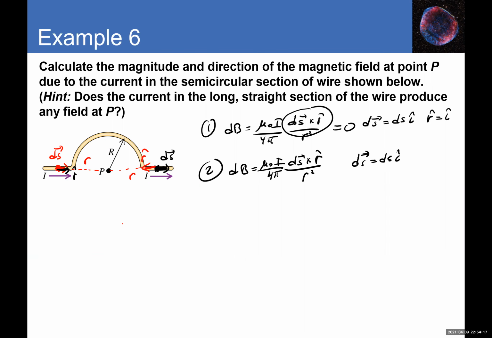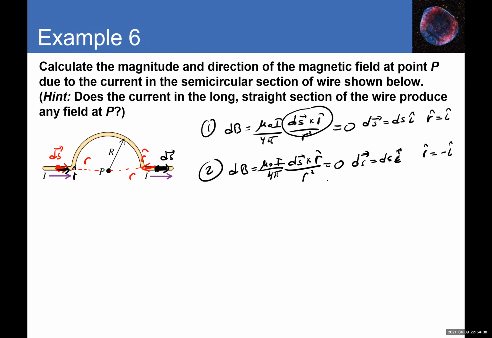And the distance will be some distance, let's call it r. Not the radius r, but some distance r. But in this case, still, r hat is equal to negative i hat. Now, this is i hat, this is negative i hat, it doesn't matter, both of them are along the x-axis. I'm going to get 0.